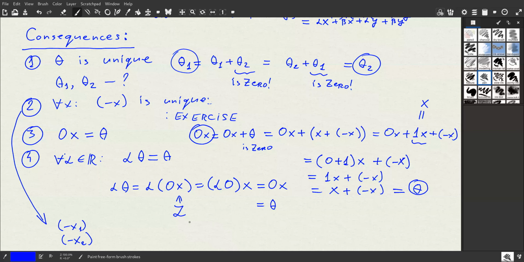From that, we can derive that x plus minus x1 is equal to x plus minus x2.